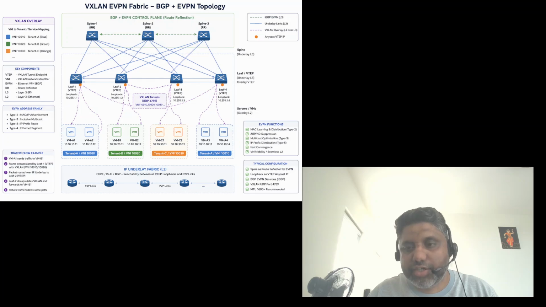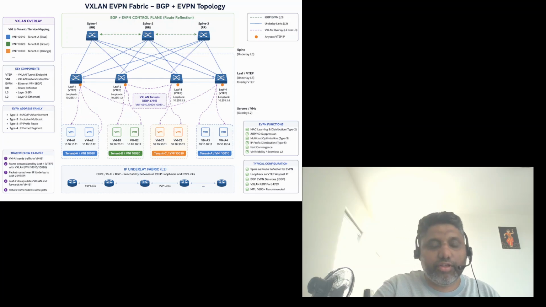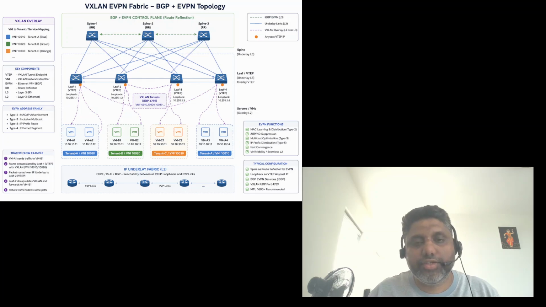So the BGP EVPN has separate attributes for MAC learning and distribution, ARP and ND suppression, multicast optimization, IP prefix distribution, that is for IPv6, fast convergence, and VM mobility. That means the VMs can move from one network to another, from one leaf to another leaf, right? So that is easier.